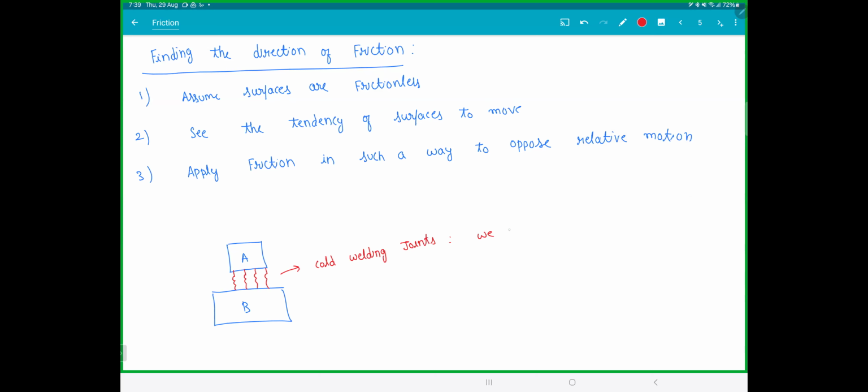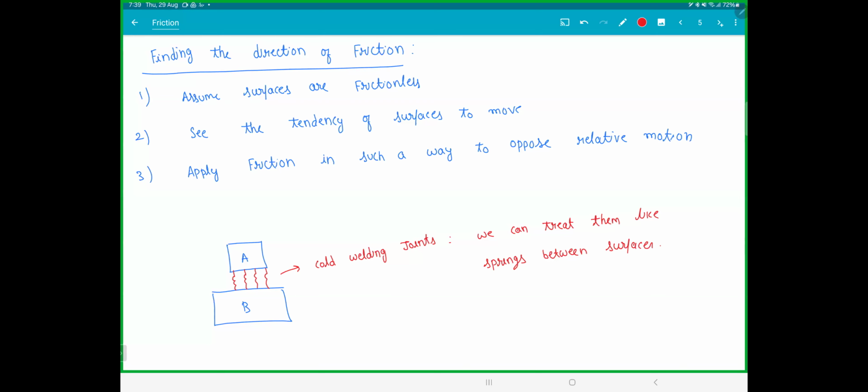We can treat them like springs. So each spring is like a bond. Now see how to get the directions.